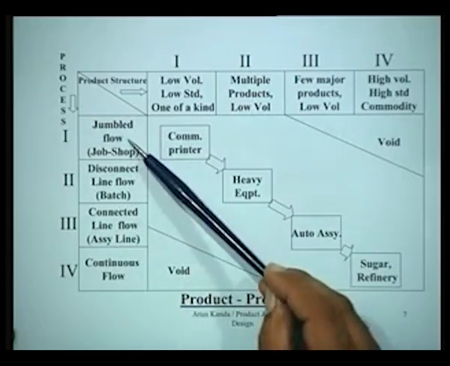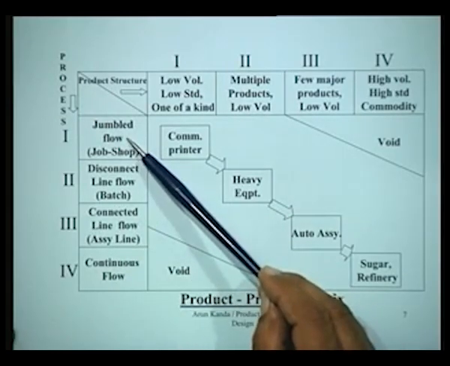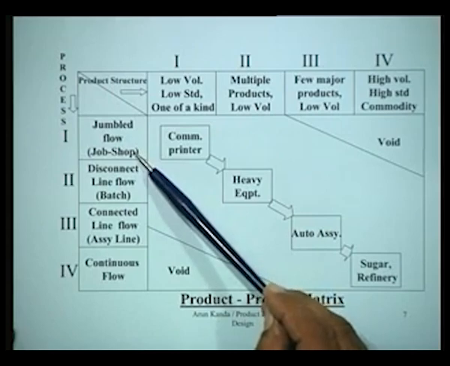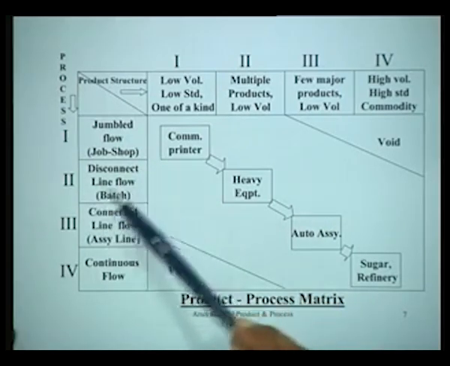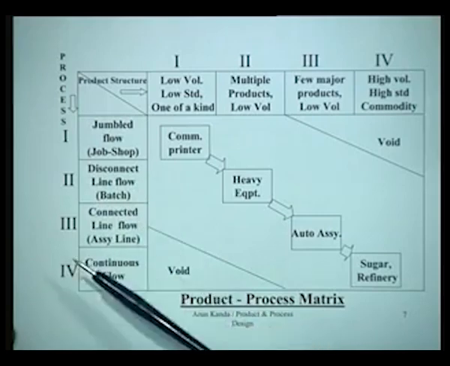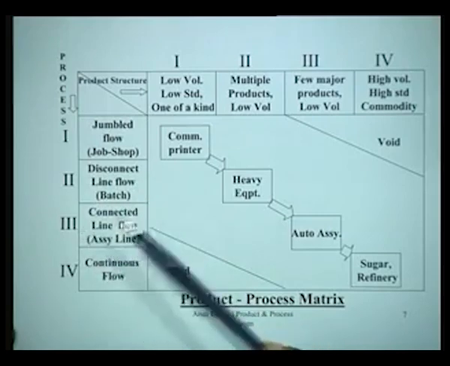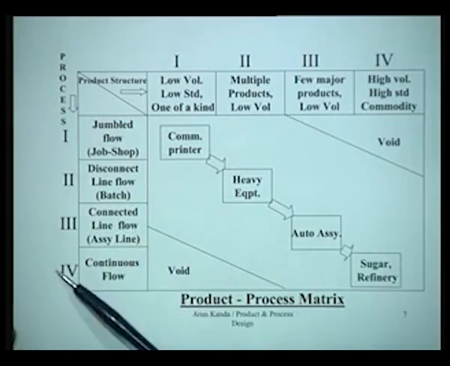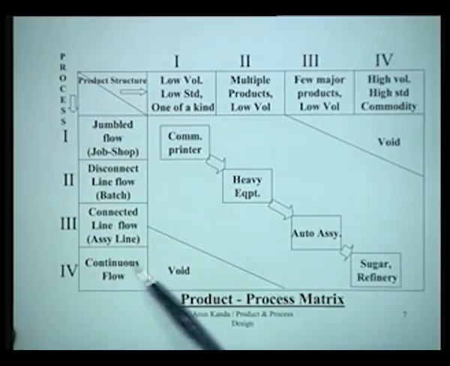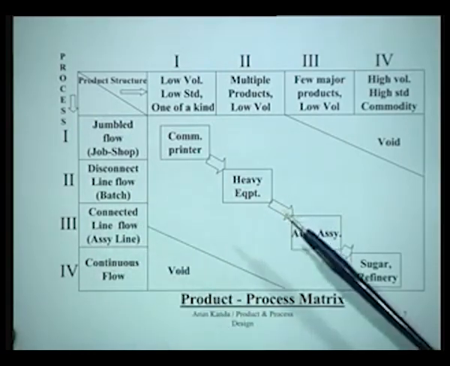For instance, the first kind of process might be a jumbled flow, which is what we call a job shop. The second kind of process might be a disconnected line flow, which we call batch production. The third kind of process might be a connected line flow, which is essentially an assembly line. And the fourth kind of process might be a continuous flow, which is talking about these.